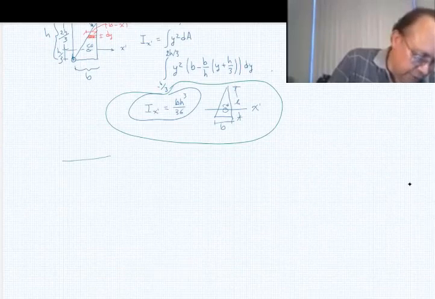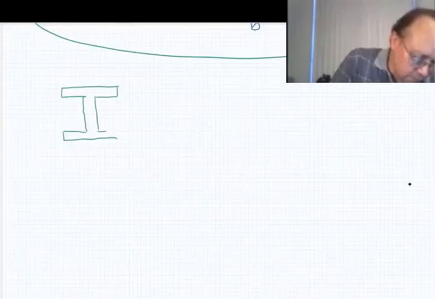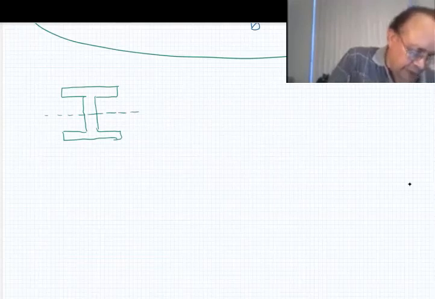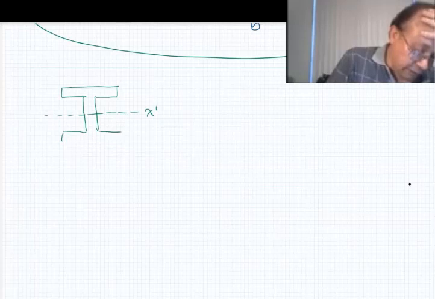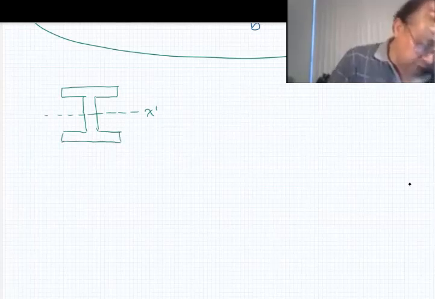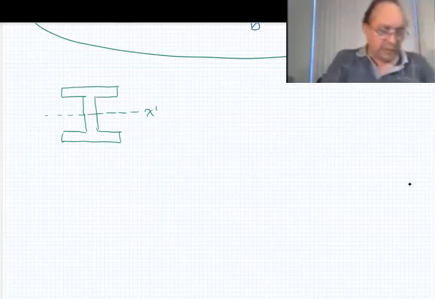Let's say you have a beam like this, and you need to find the moment of inertia of this beam with respect to this axis here. And you already know the moment of inertia of the rectangles with respect to an axis that goes through the centroid. So we should be able to find the moment of inertia of this figure.